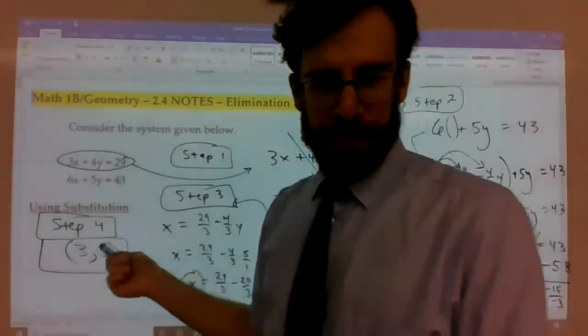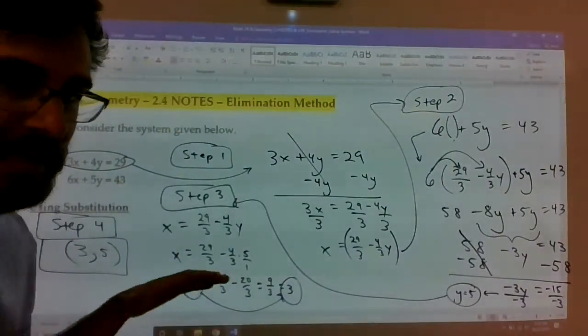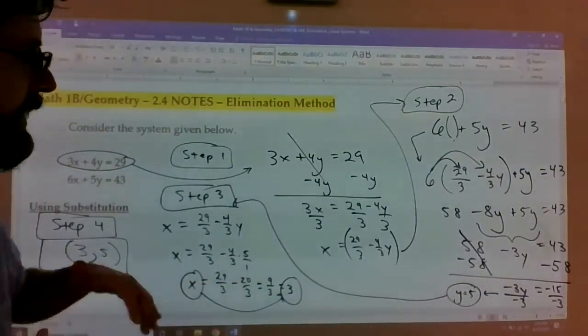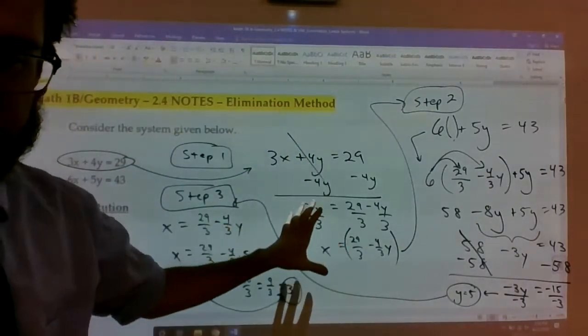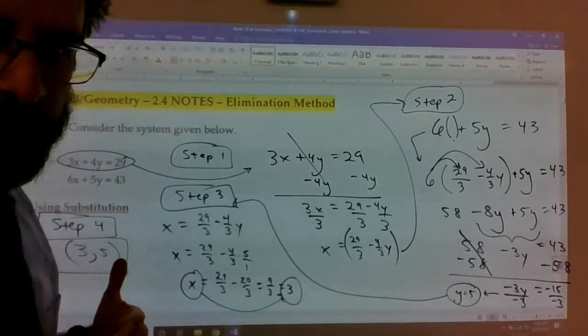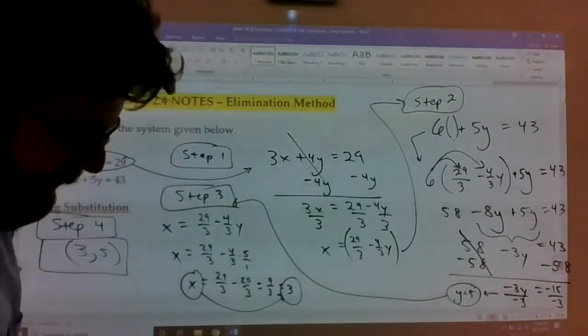Now, in this particular system of equations, it's going to be way easier, in my opinion, to do this new method of elimination. We can avoid all these fractions and maybe simplify the amount of work we're doing. So let me introduce you guys to elimination.